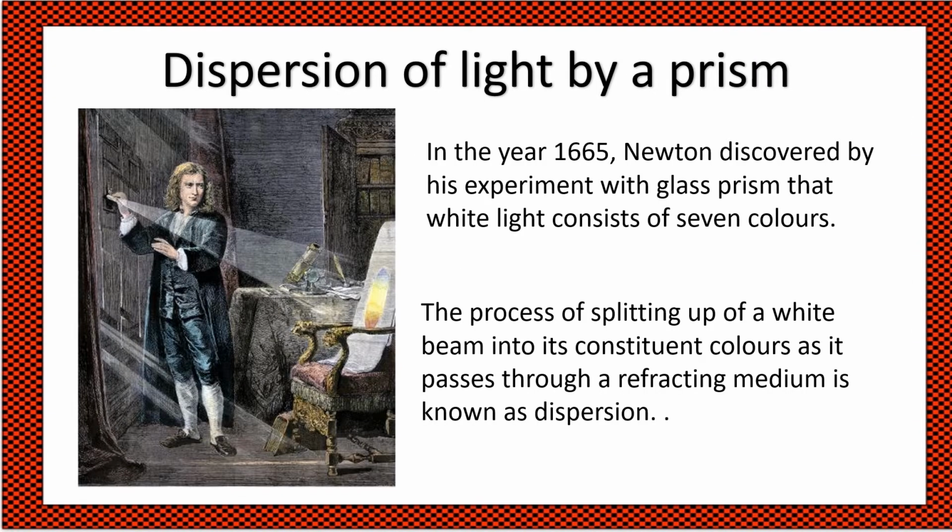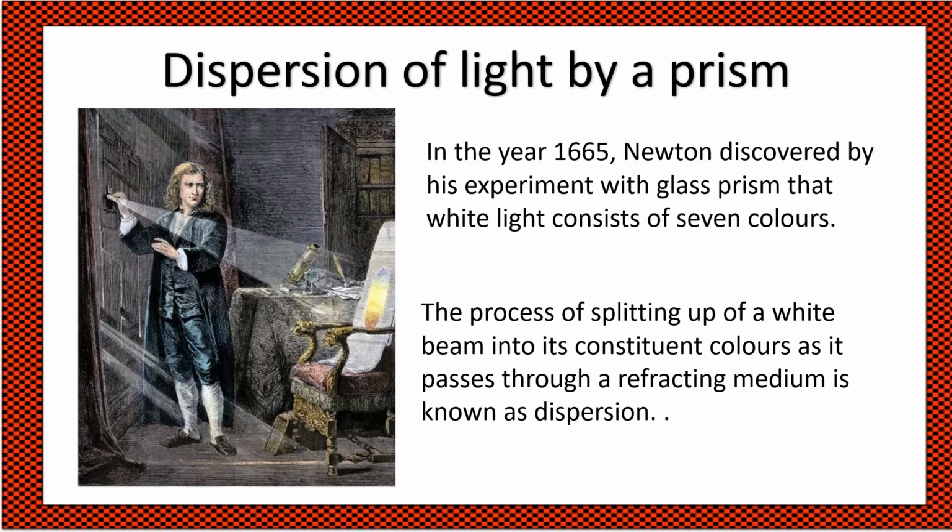In the year 1665, Newton discovered by his experiment with a glass prism that white light consists of a mixture of 7 colors. Newton found that even when white light, for example sunlight or light from an electric bulb, is made to fall on one face of a glass prism, it is observed that in addition to the bending, there is a distinct separation of white light into 7 colors.